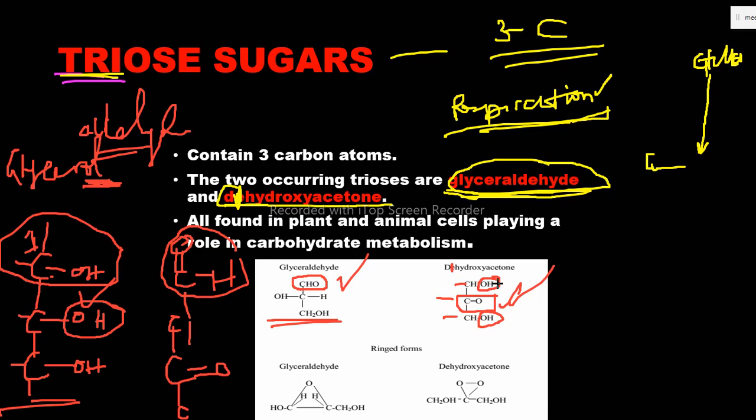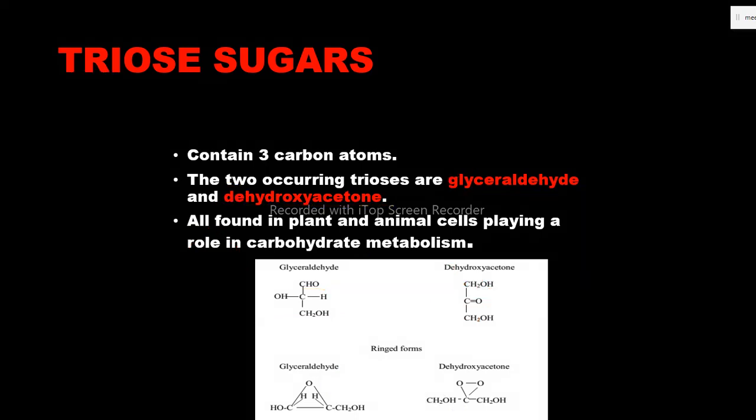Now, the two can also exist in ring form, where that is a ring, and this is another ring. I'm going to erase everything. However, you don't need to cram these structures; this is biochemistry, not biology.